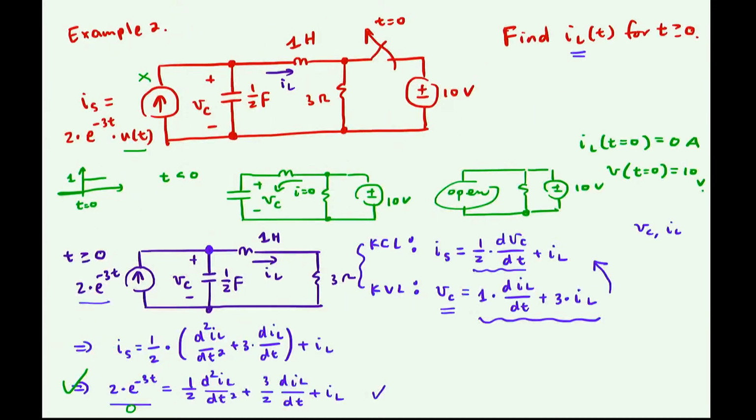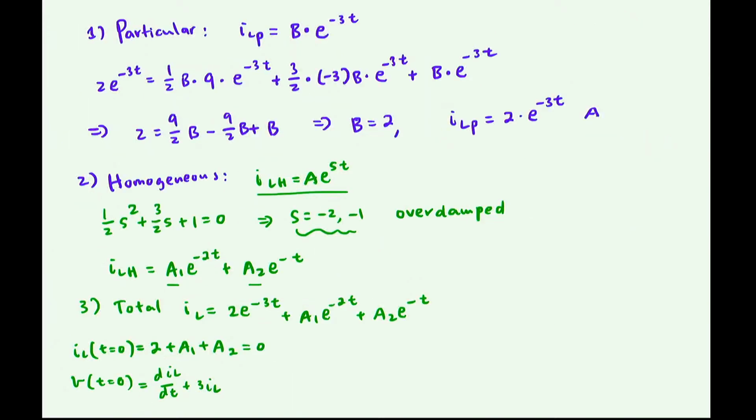This is from our previous equations. So this is equal to A1 plus 2A2, which is equal to 10, the initial condition.